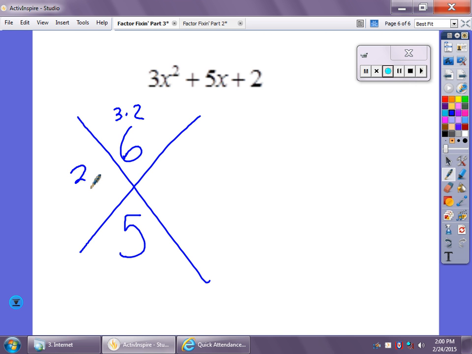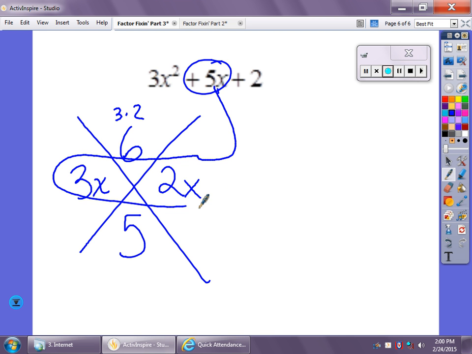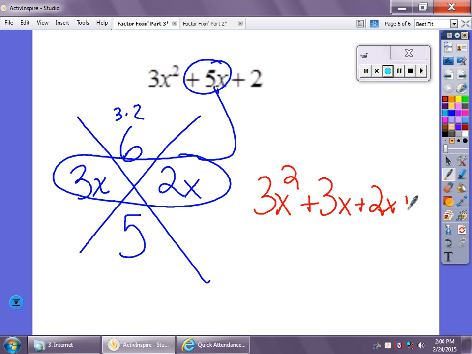So I'm going to go ahead and write 3, and if you don't want to forget, it's a 3x and a 2x. Now, this is the guy that got rewritten right here. So I'm going to keep the 3x squared, and then I'm going to add 3x plus 2x, because I rewrote the 5, plus 2. Okay?